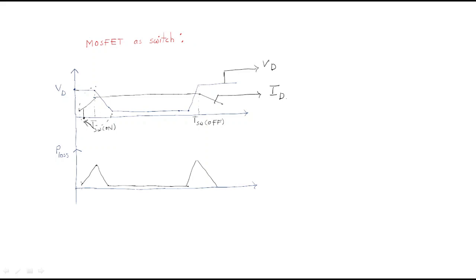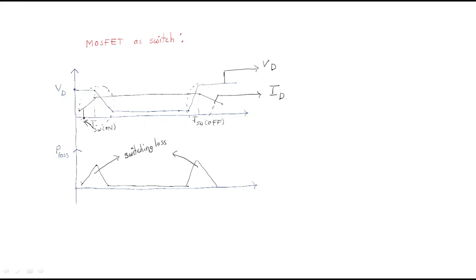This zone is the switching zone, so that's why it is called the switching loss. This zone is also a switching zone, that's why it is called the switching loss.